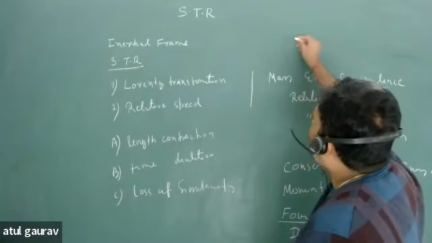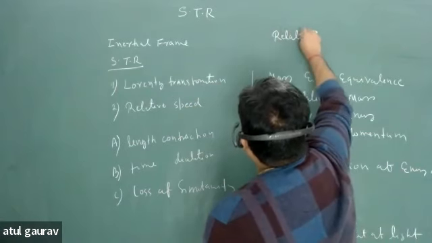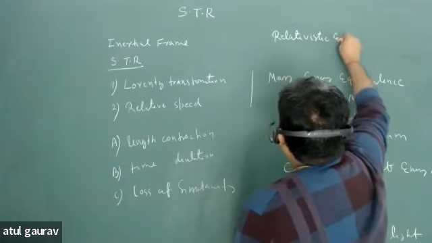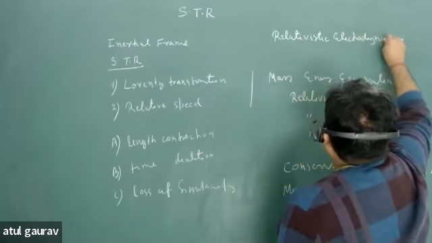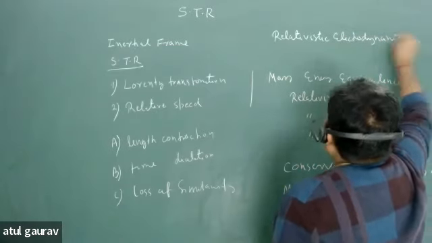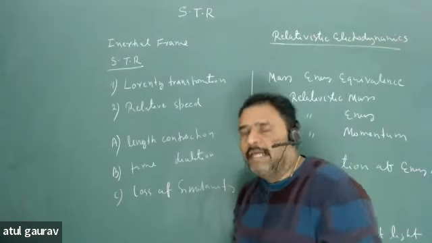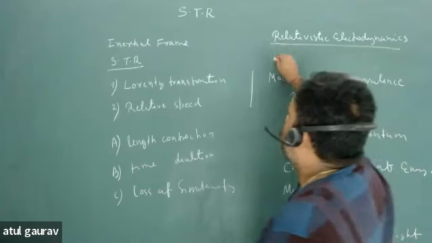The separate topic is relativistic electrodynamics. This is a separate topic for electromagnetic theory, so I will cover that part when we go for electrodynamics, and then relativistic quantum mechanics.